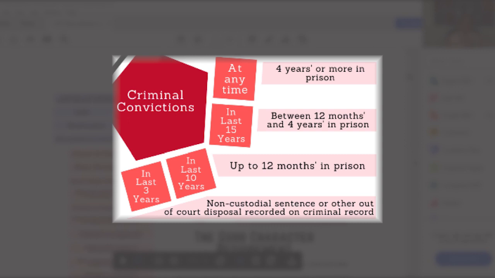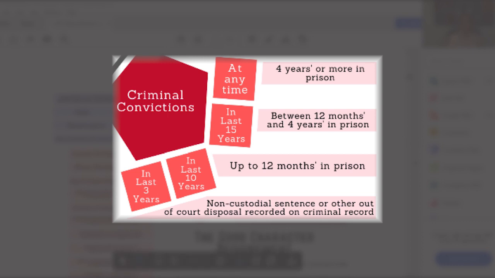Let's say you were discharged from serving 8 months in prison 5 years ago. Then it means you need to wait another 5 years to erase that record and be able to show that you have good character.